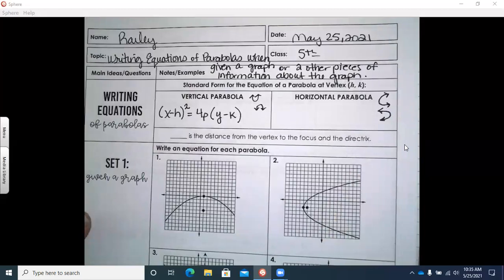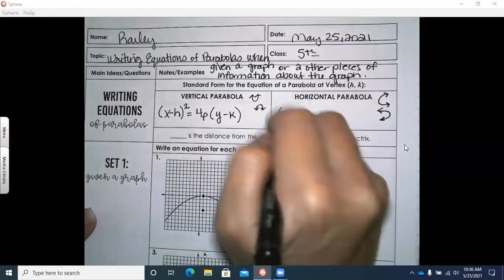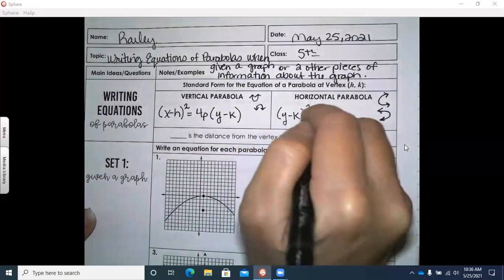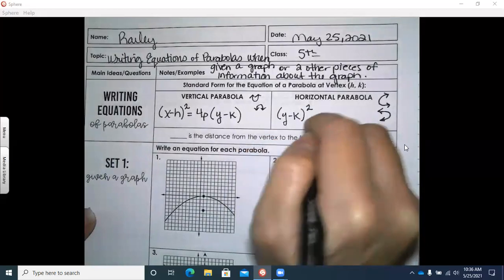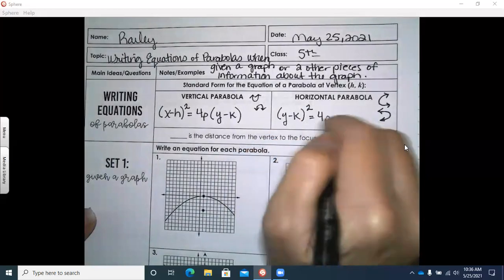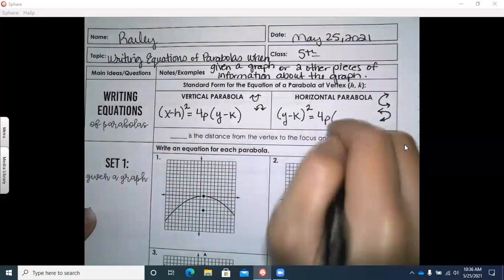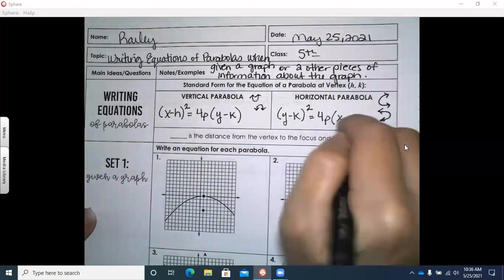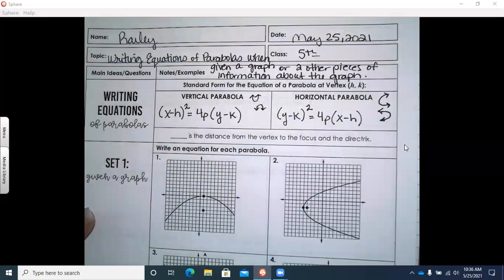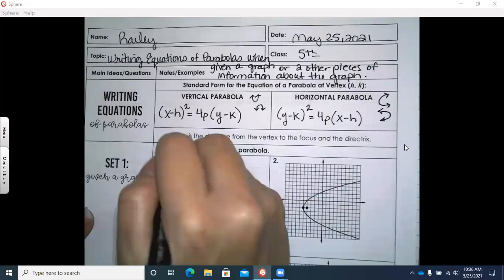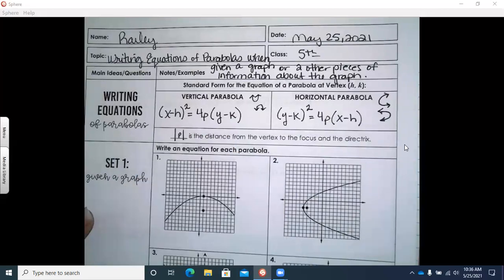So standard form for a horizontal parabola is (y minus k) quantity squared equals 4p times the quantity of (x minus h). And we also know that the absolute value of p is the distance from the vertex to the focus and directrix.